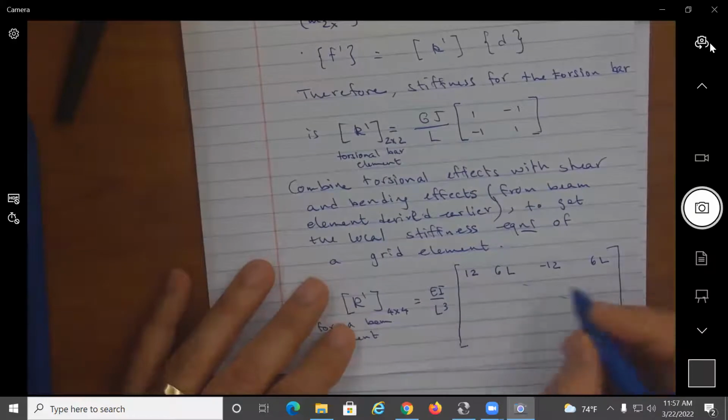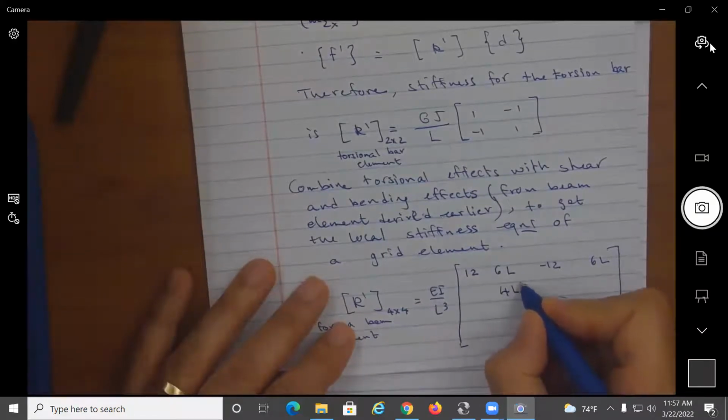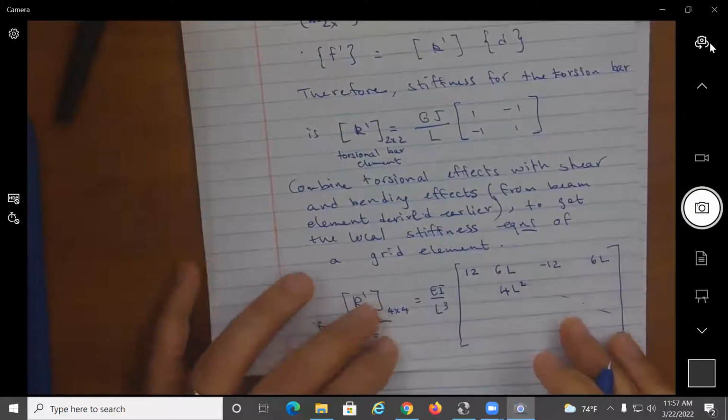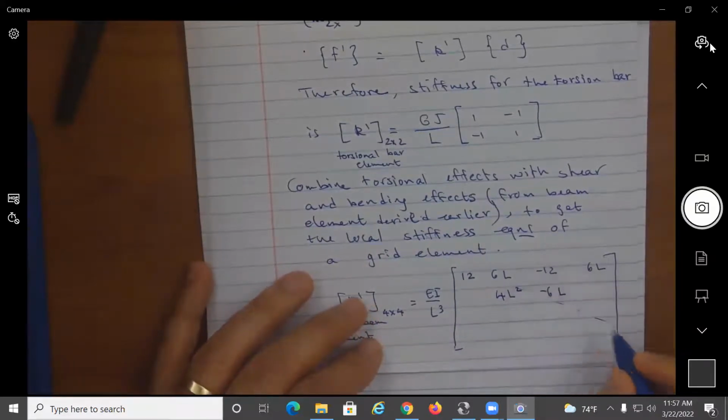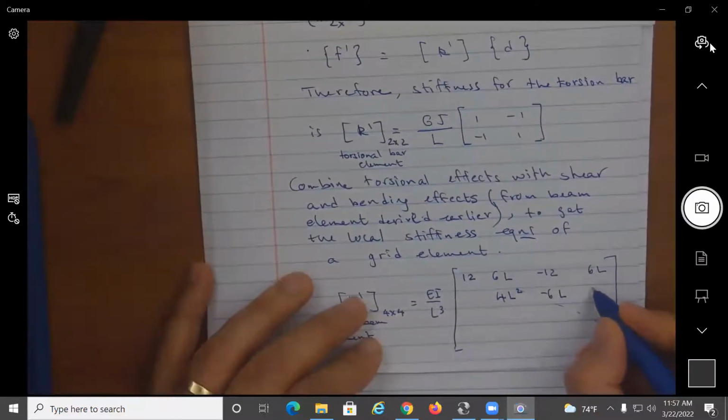Then we had the 4L squared. We had a minus 6L. We had 2L squared.